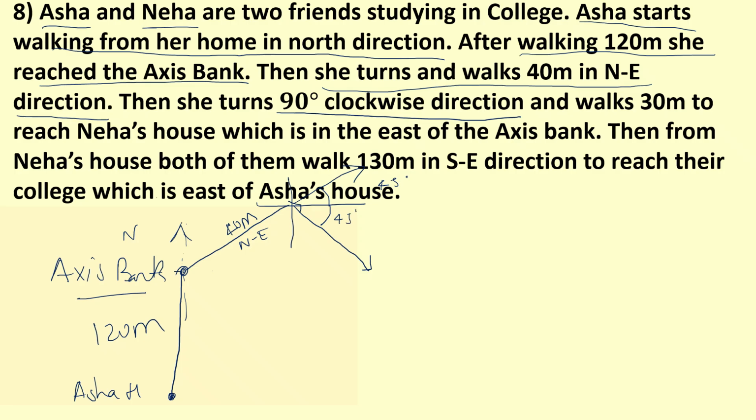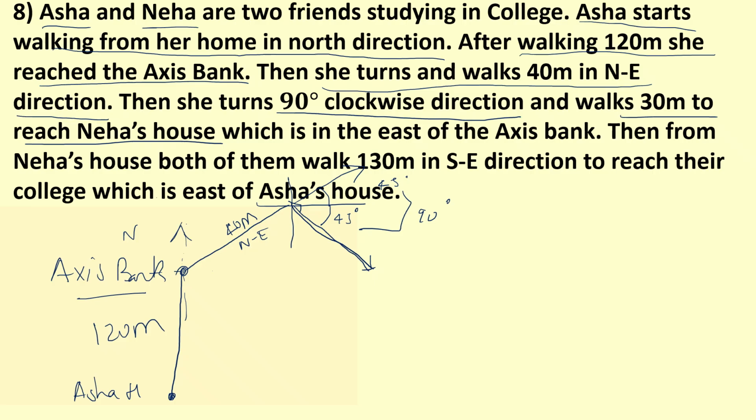This again will be 45 degrees, so total will be 90 degree, correct? So it will be somewhere in this direction, southeast direction. 90-degree clockwise direction and walks 30 meter to reach Neha's house.